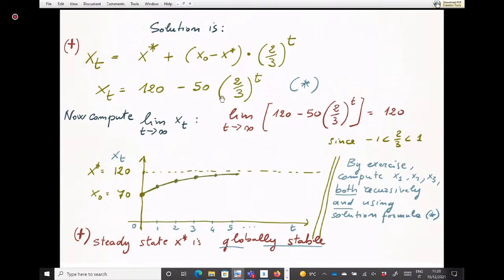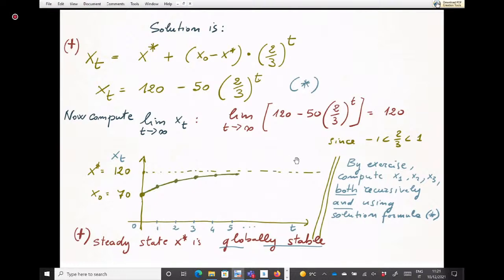This term tends to 0, because it is an exponential function whose base is positive and less than 1. As t increases, this tends to 0. So this part tends to 0, and the steady state is stable, so the limit is 120. So the answer is it is globally stable. The limit is 120.